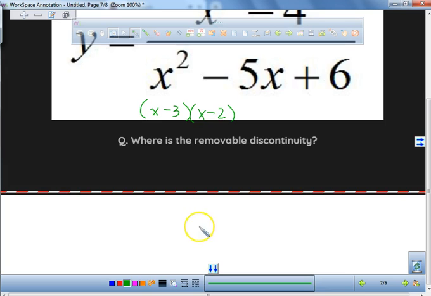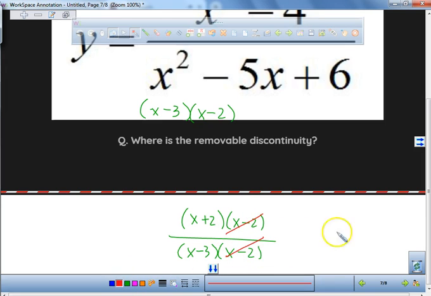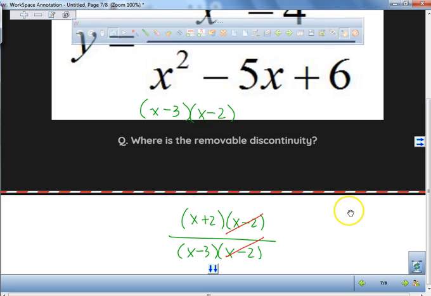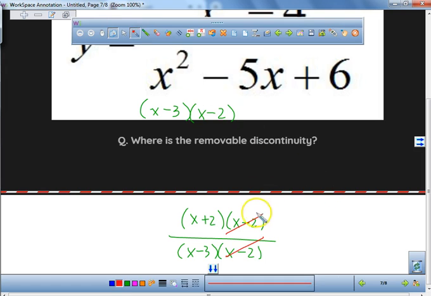So if you're wondering what I'm doing, I'm putting x plus 2 over x minus 2 over x minus 3 and x minus 2. But I am not going to tell you where the removable discontinuity is, because that would be wrong. So if these cancel out, we have what's called what?